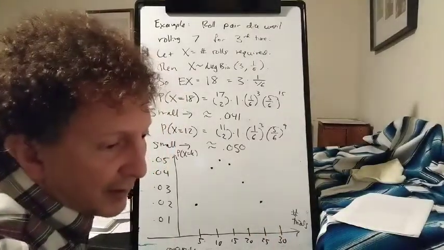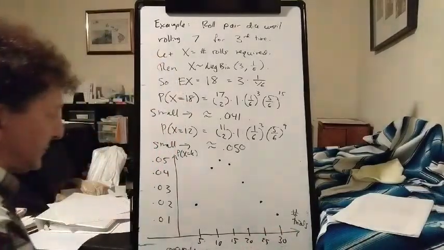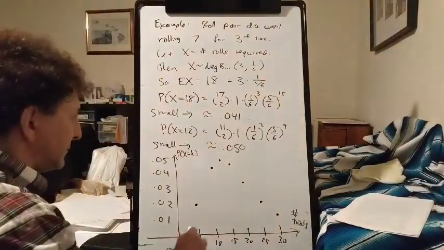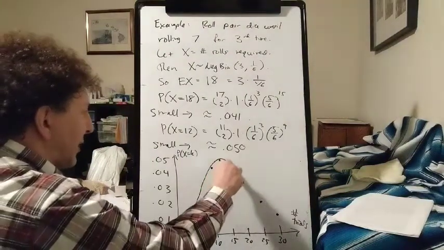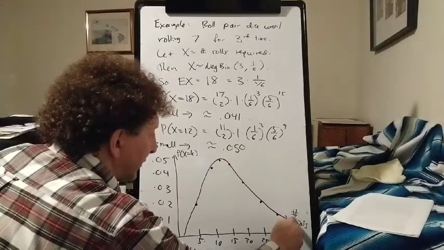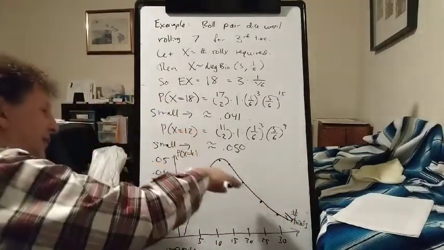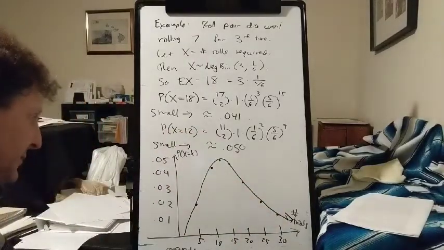For 30, it's about 0.015. So roughly the probabilities make this curve here. And it flattened out. It took a long time to get down very close to the x-axis.